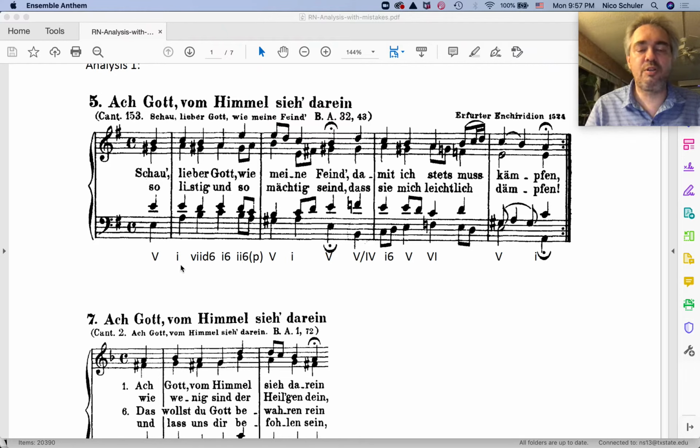And in fact, we have to consider the harmonic rhythm. The harmonic rhythm is the rhythm in which the harmonies change, and usually in these chorales it goes by quarter notes, although sometimes it can break that rhythm and go faster or slower.